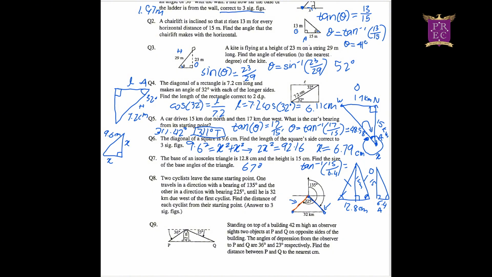And from the looks of it, it's an isosceles triangle, because have a look at the angle over here. It would be 225 minus 135, which gives us 90 degrees. Knowing that this is 90 degrees now, we need to find out one of these lengths. To do that, we need to draw the triangle again.